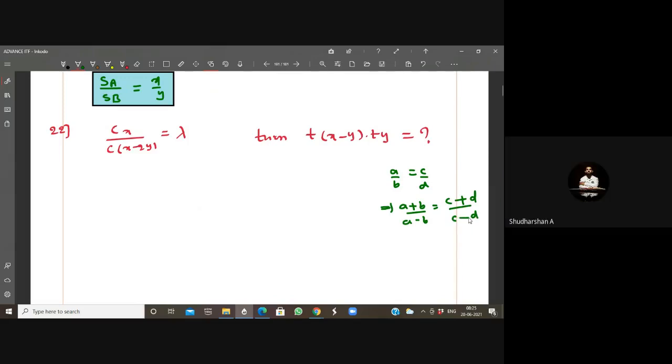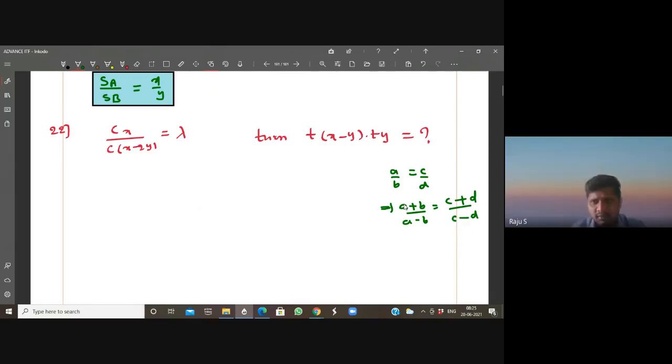Also A by B can be written as (A minus B) by (A plus B); whatever operation you apply on the left side, apply the same on the right side, like (C minus D) by (C plus D).